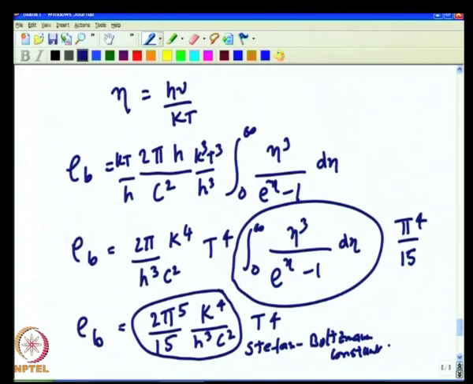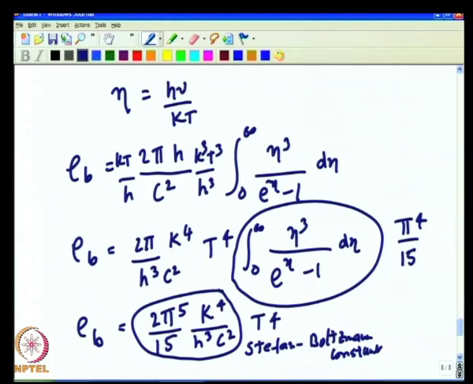The numerical value of this quantity had been derived even before Planck had made his derivation for the spectral quantity, because in the laboratory you can measure E_b as well as T, and after that you obtain this quantity empirically.